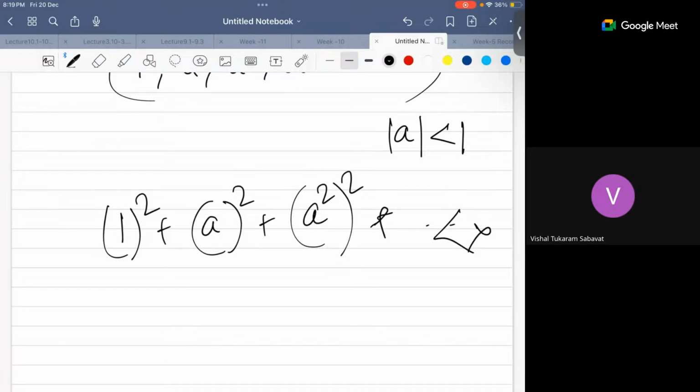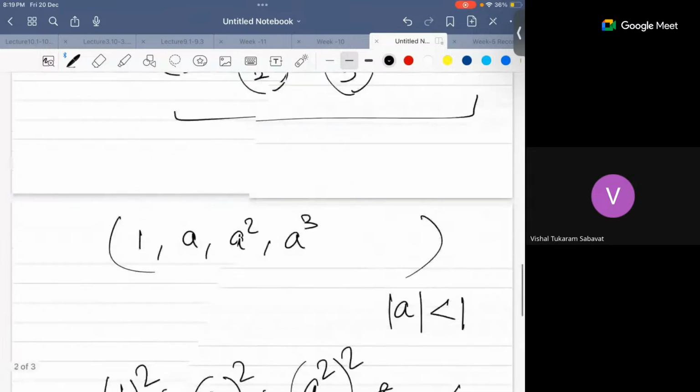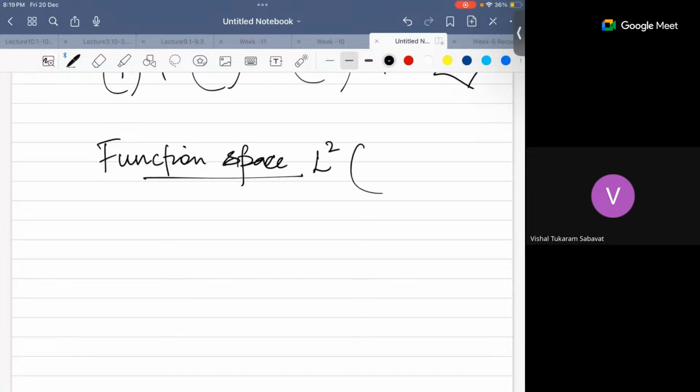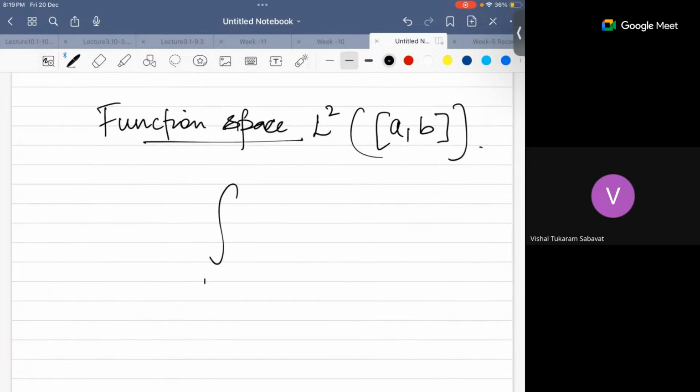Now for a function space. So this was for the sequence space. Now for a function space to belong to L2, maybe you can fix the time boundary A to B. What is the condition? Here also the condition is the integration, so the integral from A to B should be less than infinity, or should have some finite value.